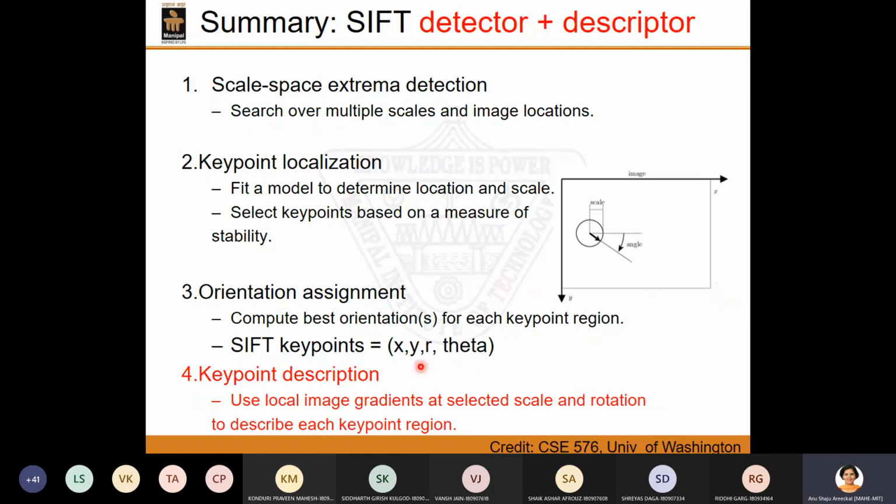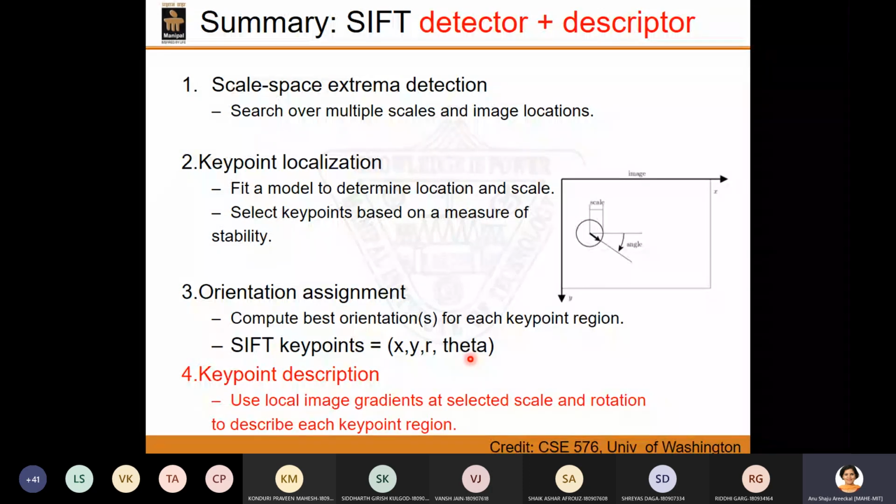Okay, yeah. So what you see here is along with the value of x, y, and sigma, you also calculate a value called theta. Theta represents the orientation of the particular interest point. So once the interest points are detected, you find the gradient of that particular interest point, and find the best orientation in the neighborhood, or the dominant orientation at that interest point, and that gives the value of theta.